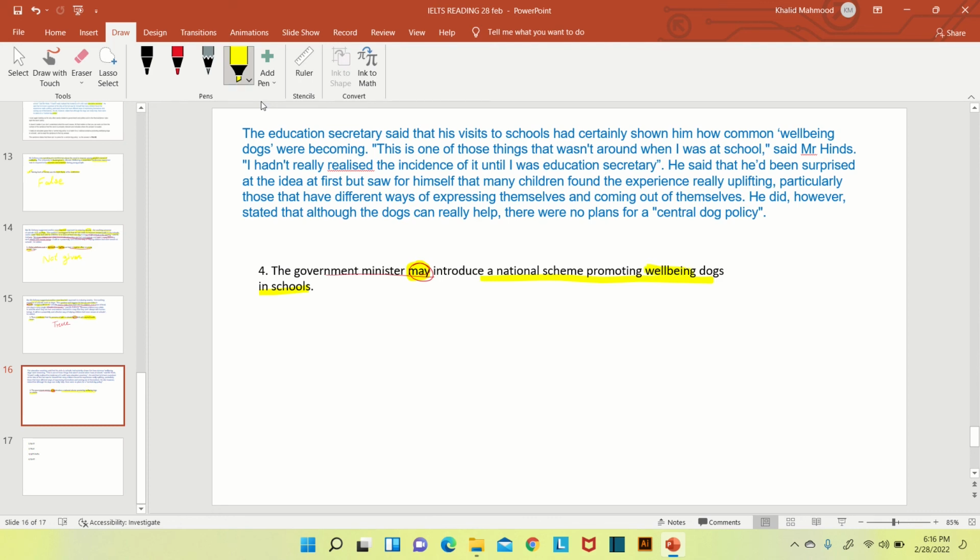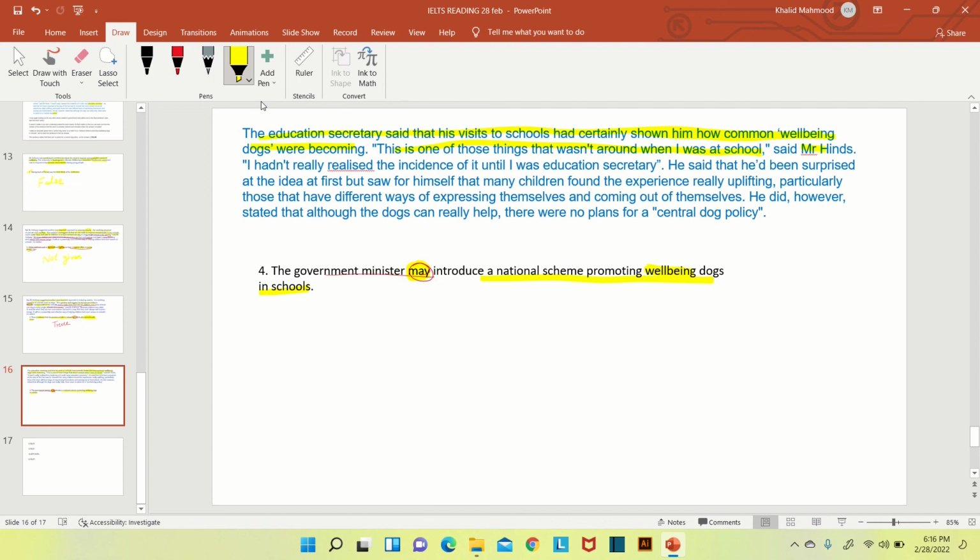Did they talk about this? Let me look in the passage. The education secretary said that his visit to school has certainly shown him how common well-being dogs are becoming, because they are becoming popular day by day. This is one of those things that wasn't around when I was at school.